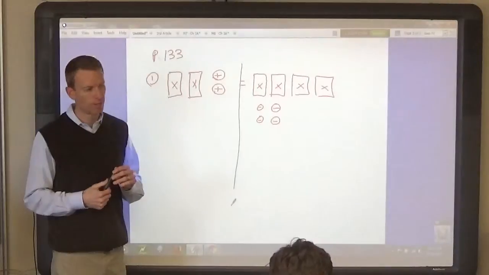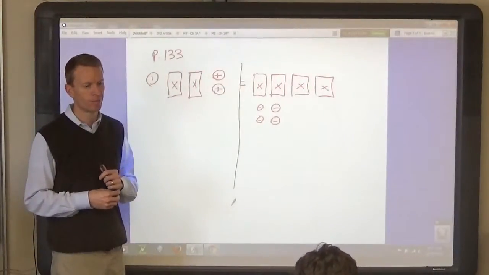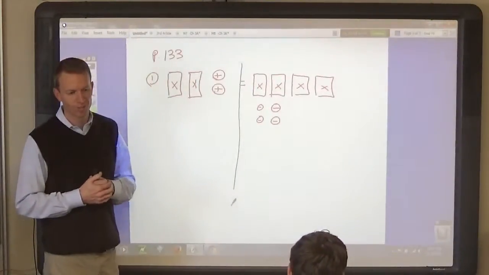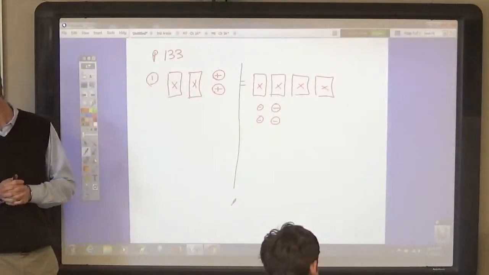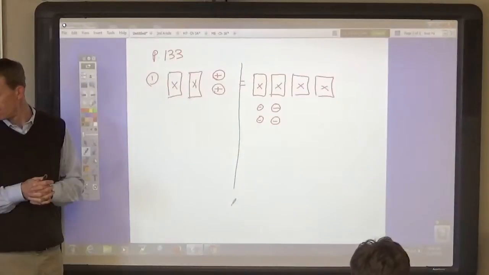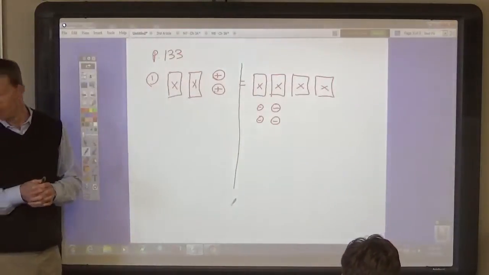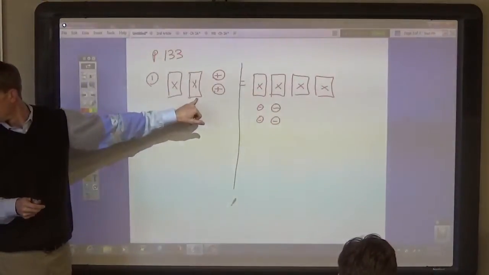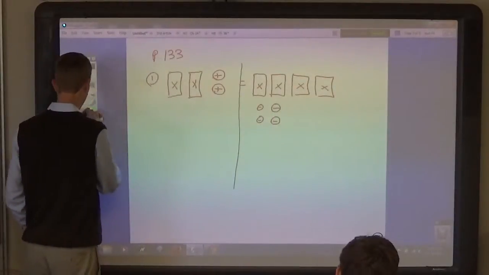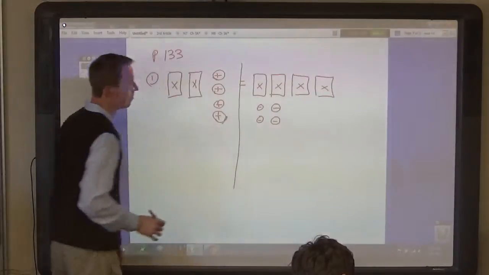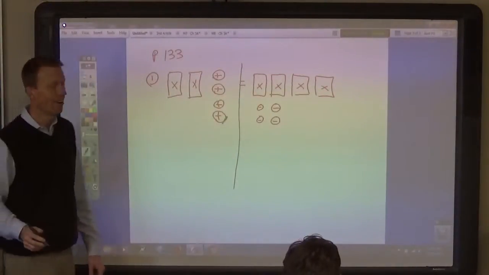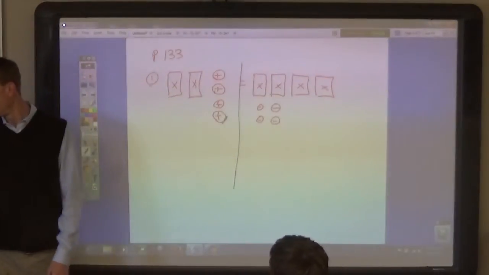What can we take away? On page 133, number 1. There's 2 x's. There's 4 plus circles.